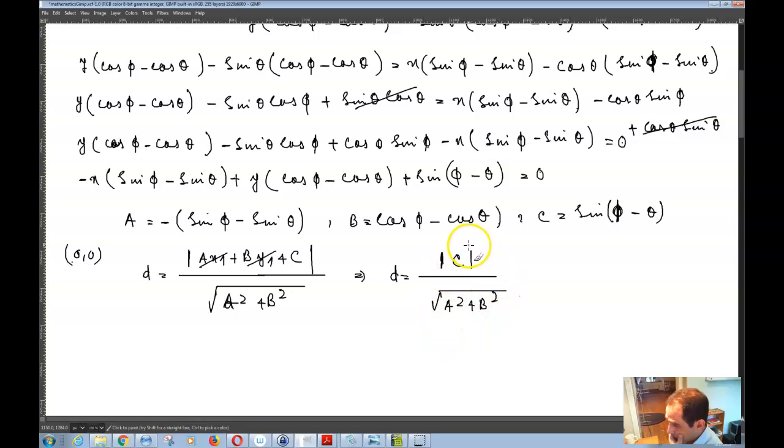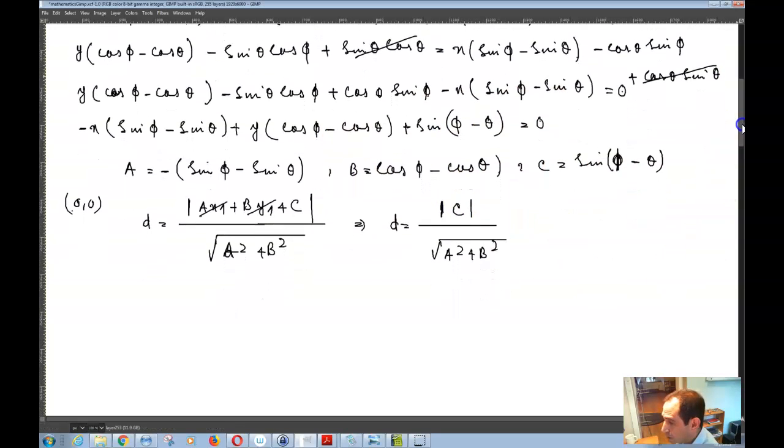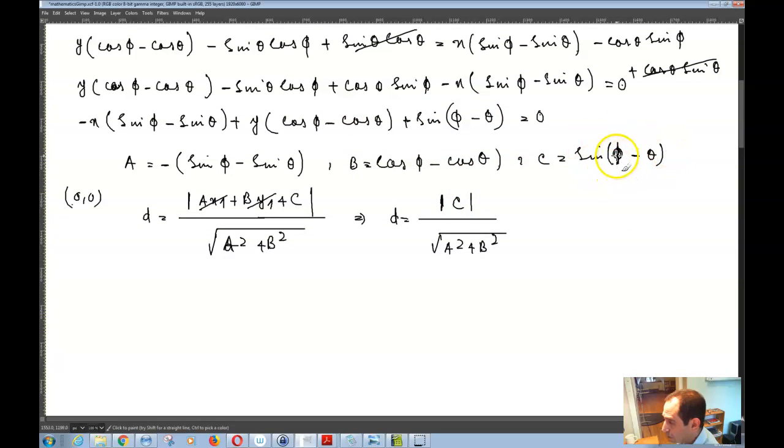And c is sine of (phi minus theta), so your d is equal to the absolute value of sine of (phi minus theta), and your denominator becomes the square root of a squared plus b squared.